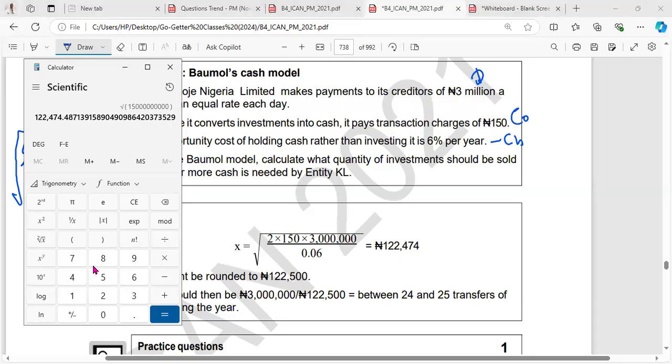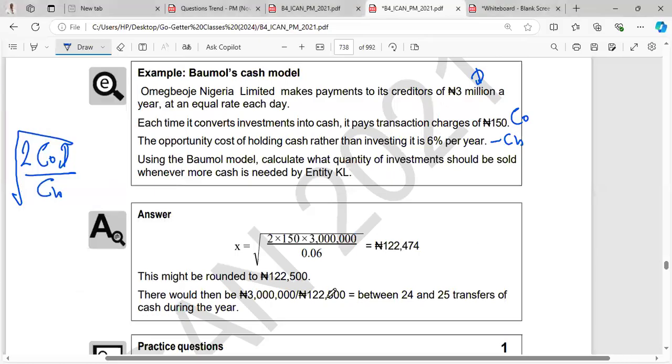You have 3 million for the year divided by 122,500 each time. You have 24.48. So you are going to sell between 24 and 25 times. Minimum of 24, maximum of 25 times during the year.